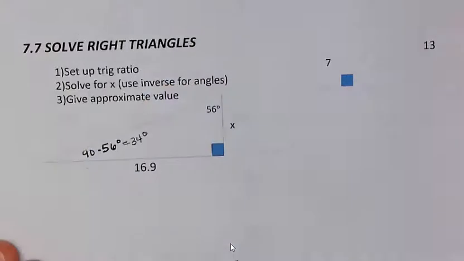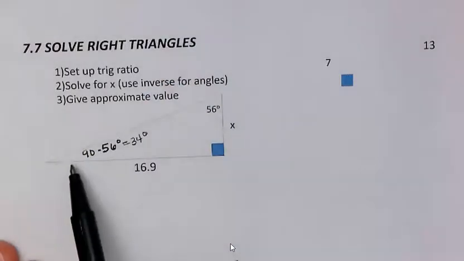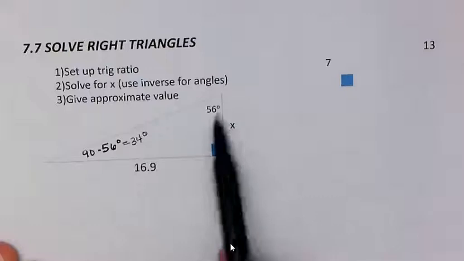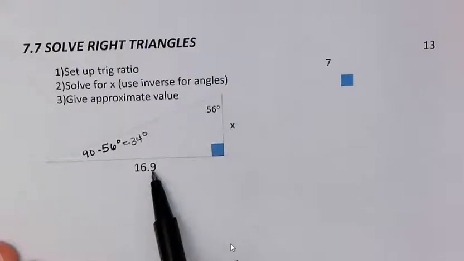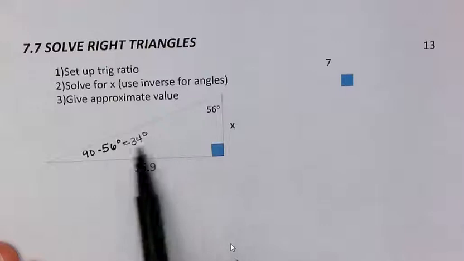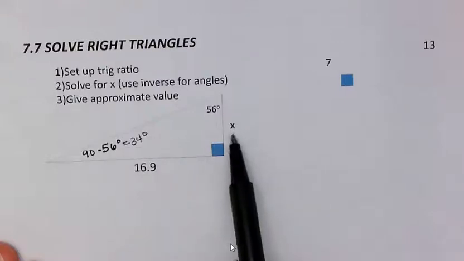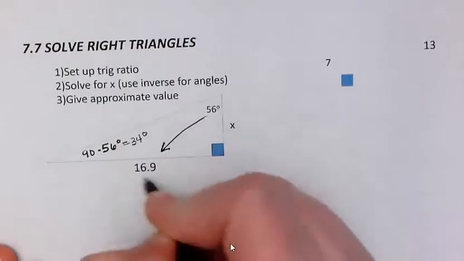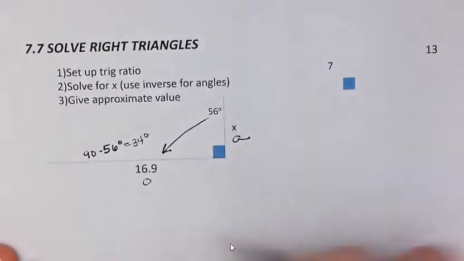So now from here, with this angle here being 34 degrees, I could use tangent for either side of these. With this, if I want to do tangent with 56, this would be opposite, this would be adjacent.